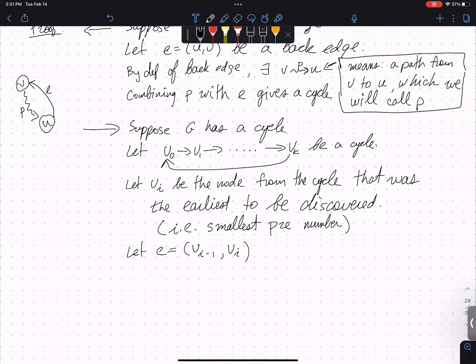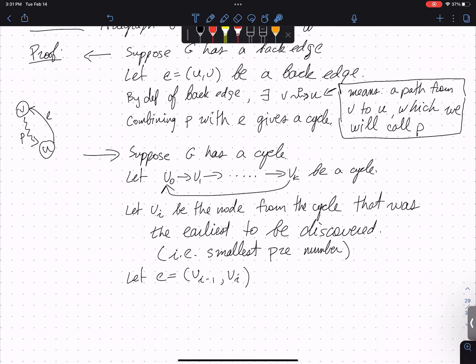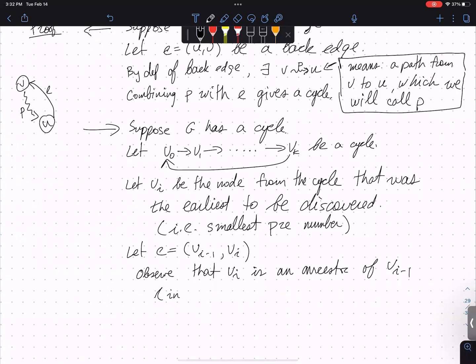And now to show that it's a back edge, we need to remember the definition of a back edge. A back edge is an edge going from U to V, where V is an ancestor of U. So the second node is an ancestor of U, and so here, observe that the second node VI is an ancestor of VI minus 1.